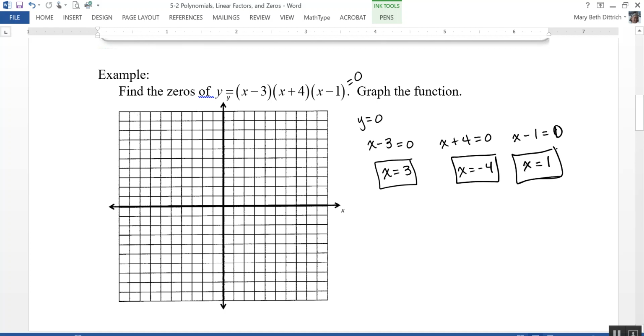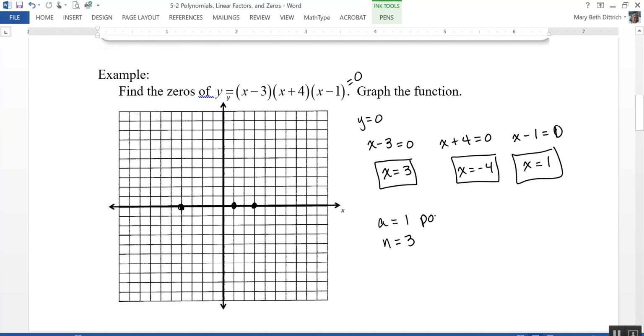So what's the graph of that going to look like? Well, those are my x-intercepts, so that's where the graph is going to cross the x-axis at those points. Now because I know that my leading coefficient is going to be 1, because if I multiplied my x's I'd get an x cubed, and I don't have a coefficient in front of my x's, my a is equal to 1 and my n is equal to 3.